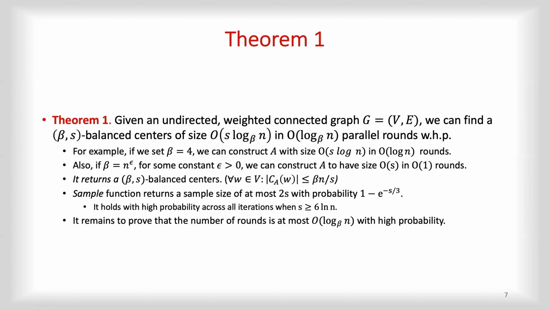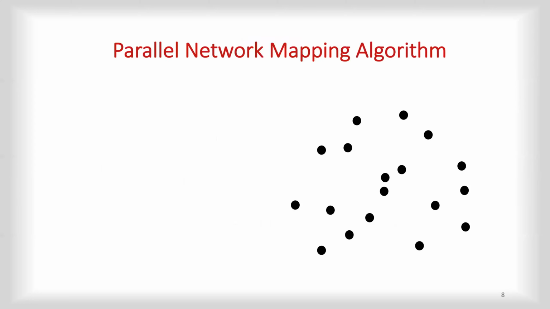So all we need to prove is that the number of parallel runs is O of log n in the base of beta. For this, I would like to invite you to take a look at our paper for more details.